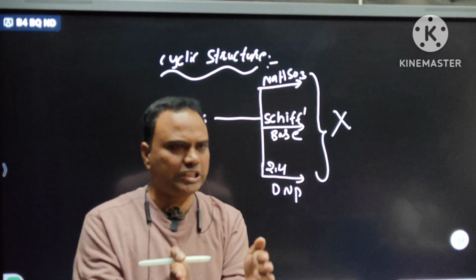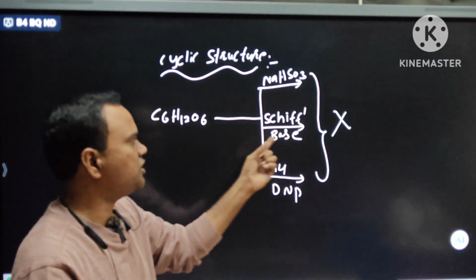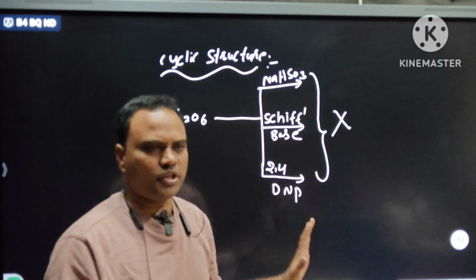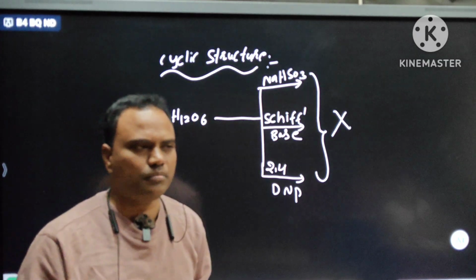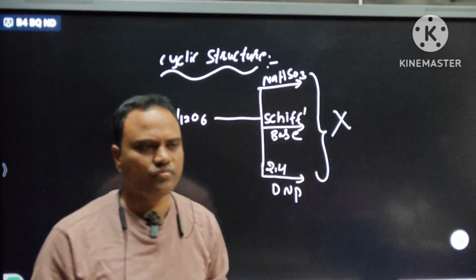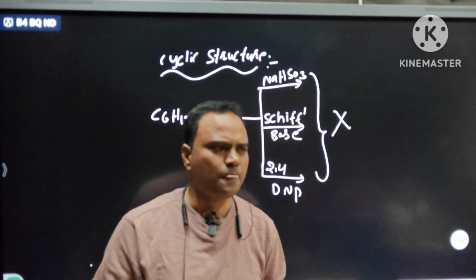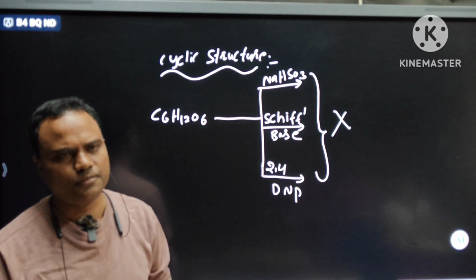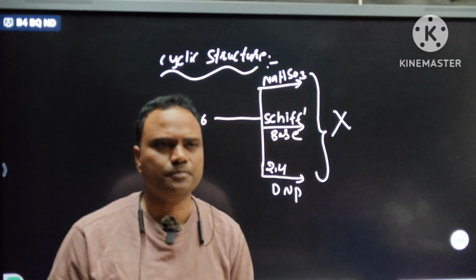If CHO is present in any compound, it will react with NaHSO3, Schiff's base and 2,4-DNP. But glucose does not react with these three. It means aldehyde is present, but not in the free state. So glucose is present in the cyclic structure. The free aldehyde group is not present. That's why it is not reacting with NaHSO3, Schiff's base and 2,4-DNP.